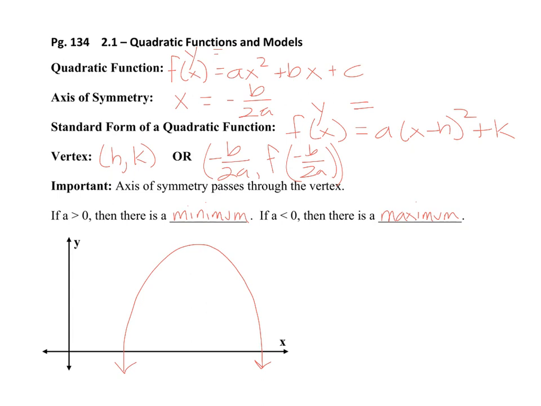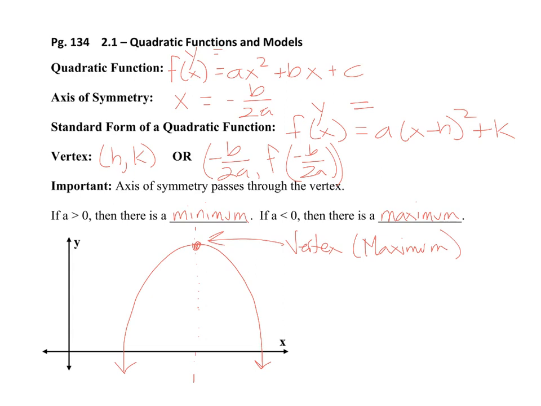All right, and then there's the axis of symmetry. All right, it's this line that passes through the vertex. So that's your vertex. Okay, that's your h, k, or negative b over 2a, and f of negative b over 2a. This is your maximum in this case, since the parabola is upside down.